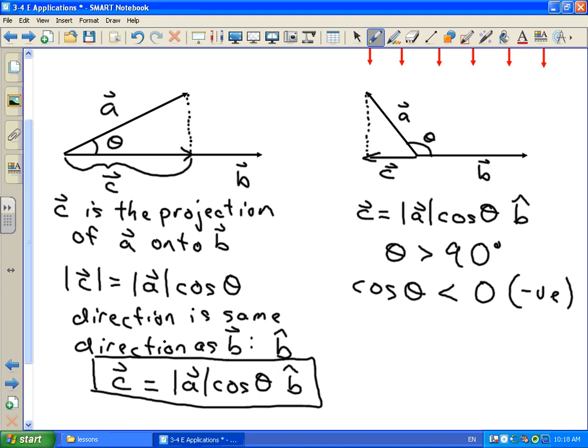If we always use that angle theta between them, if C is going in the same direction as B, it gives us a positive answer. If C is going in the opposite direction, it's going to give us a negative answer. Okay? So it's automatically going to tell us that C is going in the opposite direction to vector B. Make sense? So this still works. So this tells us in the opposite direction to vector B.